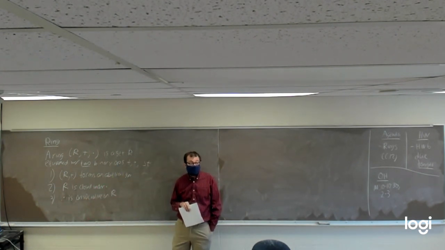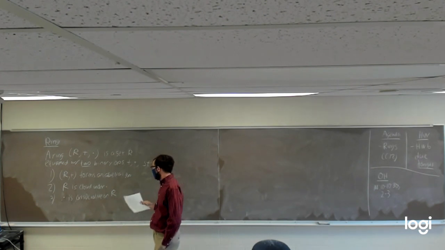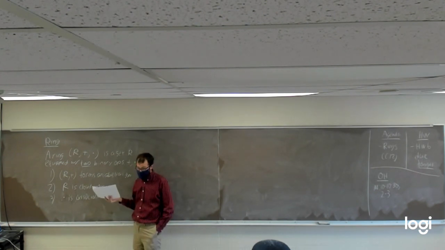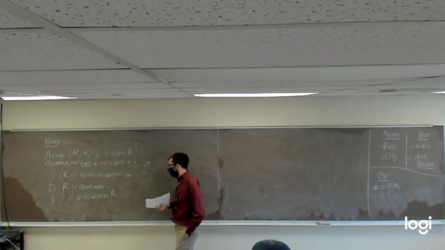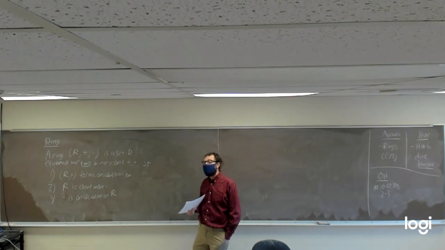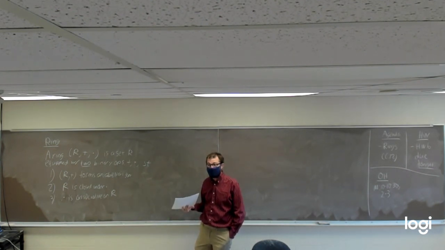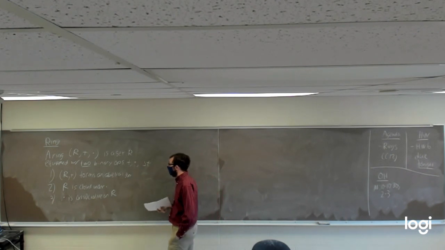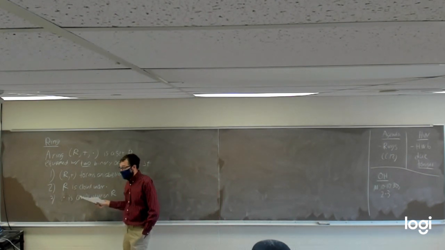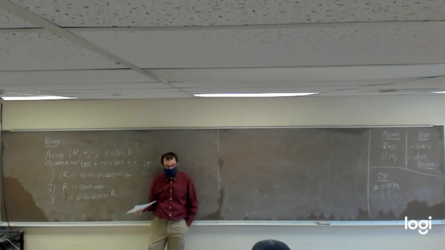So in other words, we want our ring to be a group under addition, an abelian group. So things commute under addition. We want to have a couple of the properties of a group under our other operation, multiplication. Specifically, we want to have closure. We want to be able to multiply any two things in our ring, and get back something in our ring.